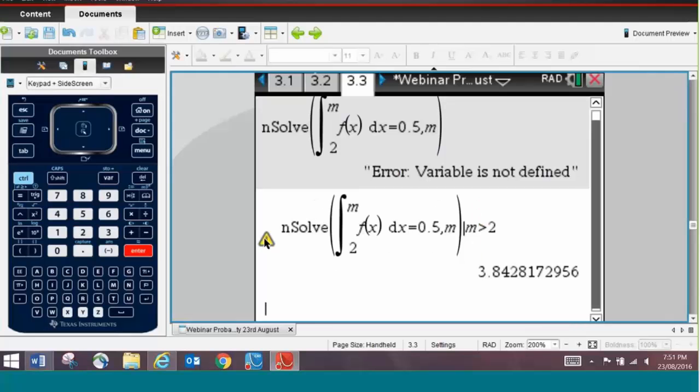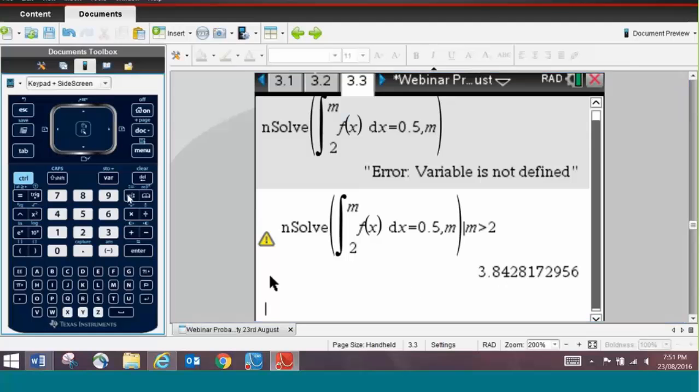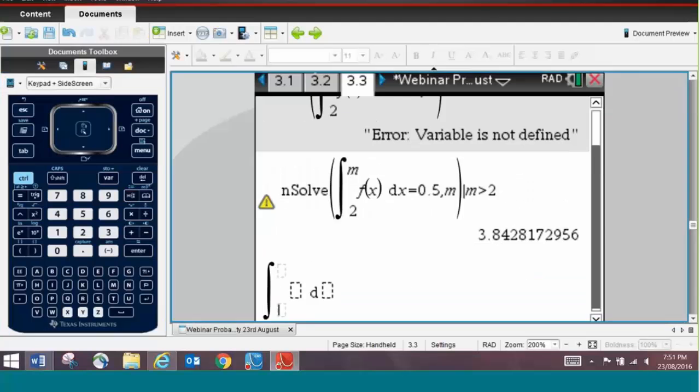It puts up the warning sign just to let you know that it was a bit confused to begin with, but now it's all happy. So when you're solving for a median, or if it were the first quartile, you'd let that equal 0.25 and so on.